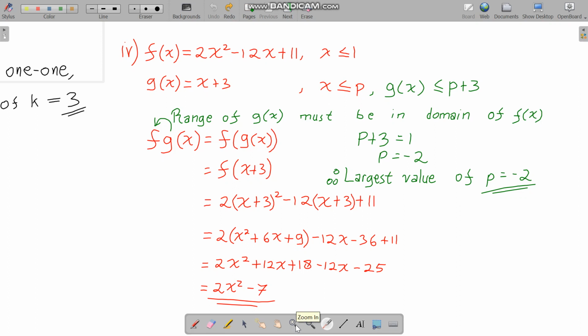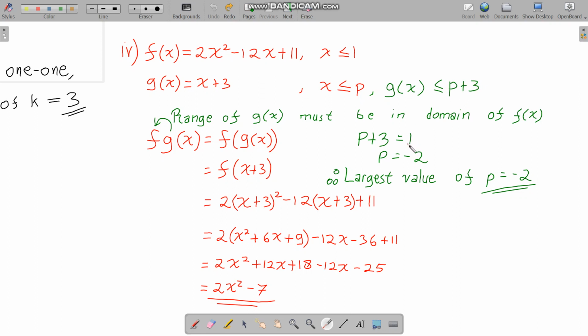So fg of x means we plug g into f, so the range of g must be in the domain of f. So what is the range of g? Let's find the range of g. Well, we know that the domain of g is x smaller than p. So if x is smaller than p, then g must be smaller than p plus 3.